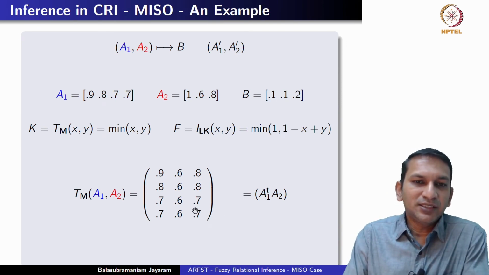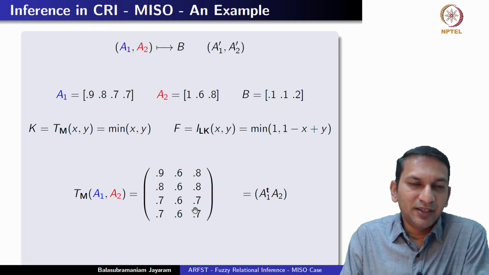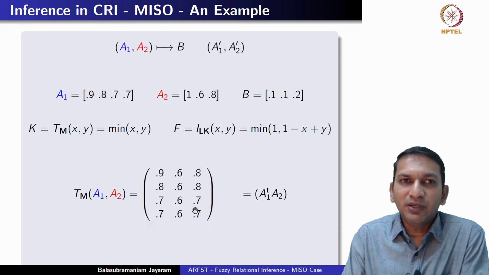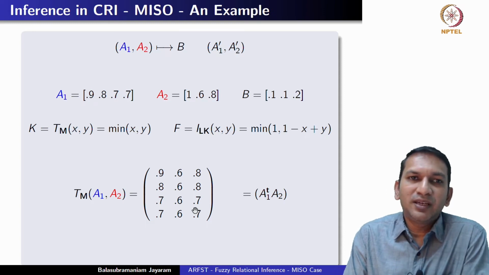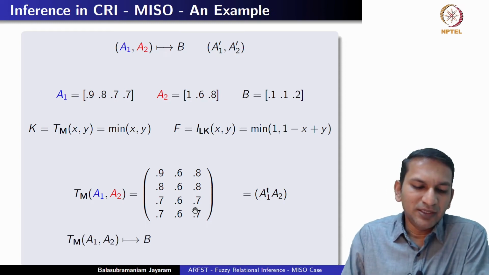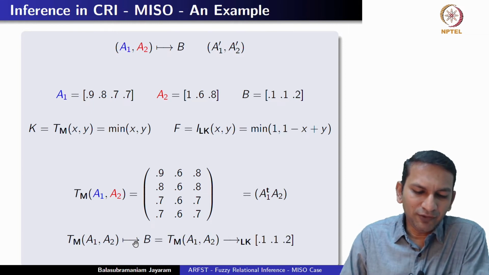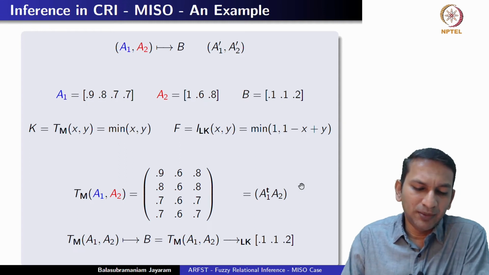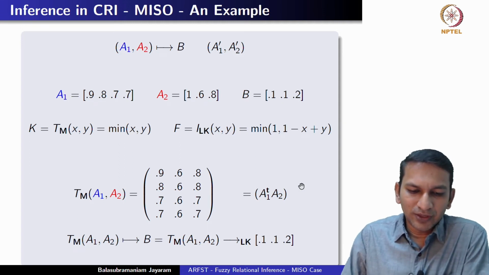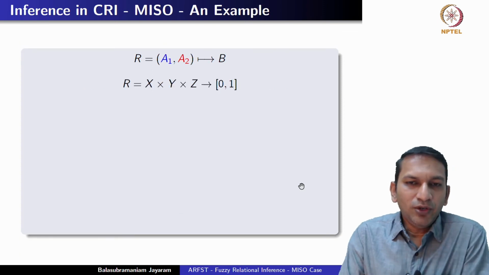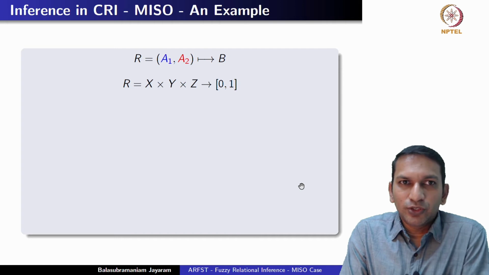Now, this is combining the antecedent. We still need to use the consequent of the rule to build the relation. So that means this operation is pending, and note that this is the F operation and it is given by the Lukasiewicz implication. Now, how do we do this? Look at this. We now want to build a relation for this rule.